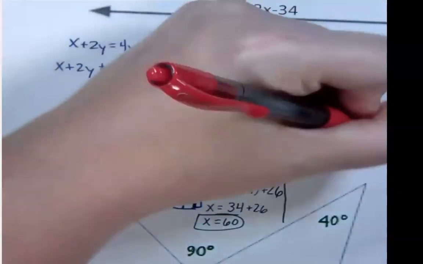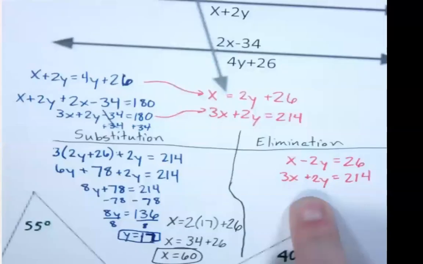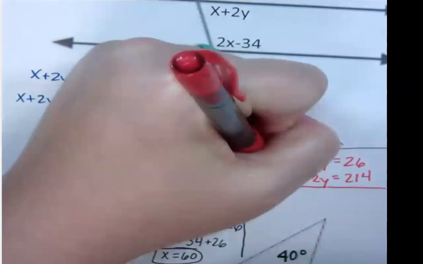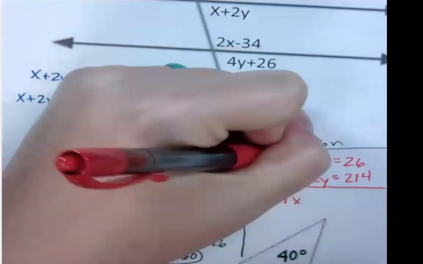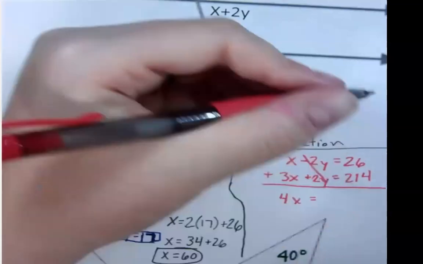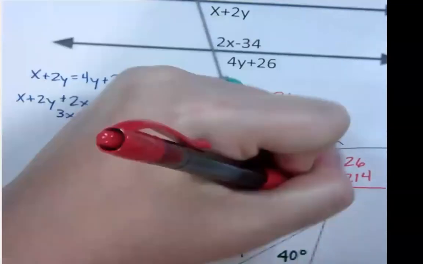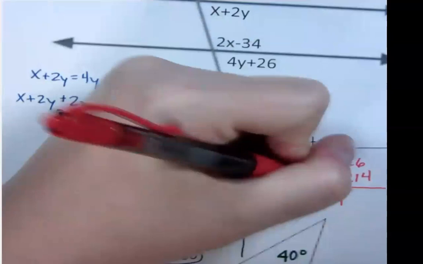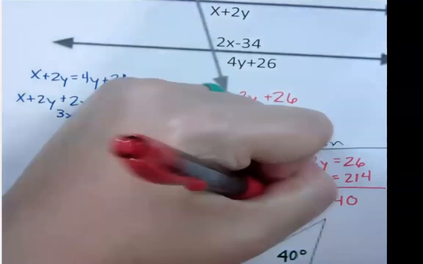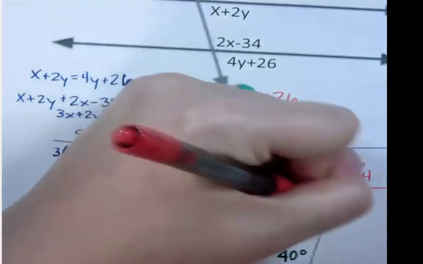Now we've got a negative 2y and a positive 2y, so it's a really pretty equation. All we have to do is add both of them and get 4x. These cancel out, and this becomes 240. When we divide by 4, x will be 60.